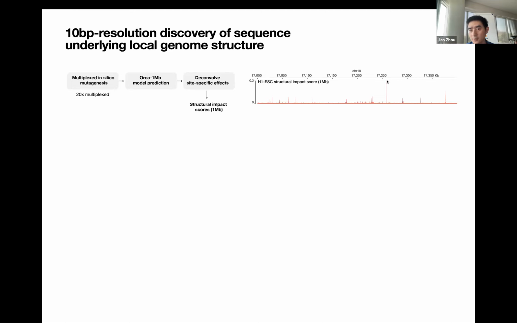First, we want to compare with what is known to impact the 3D genome, the CTCF binding sites. We can see those strongest sites all overlap with CTCF binding sites.